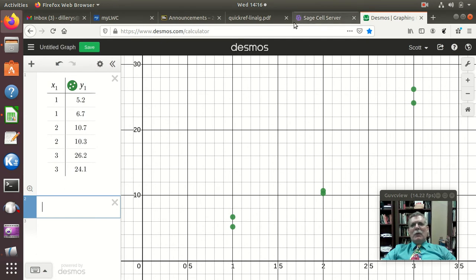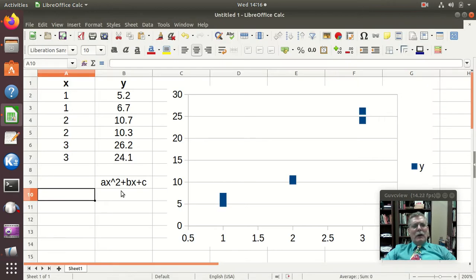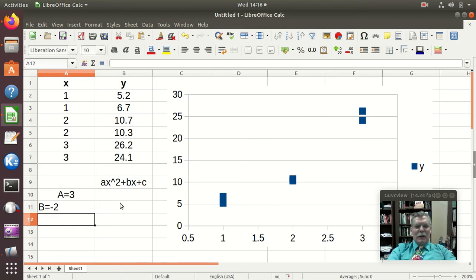So what I want to do with these particular data is, let's see, I need to go back here. I'd like to fit it to a quadratic, ax squared plus bx plus c. And the way I made it, I actually know that I won't probably get these exactly right, but I made them so that a was 3, b was equal to -2, and then c is equal to 4.